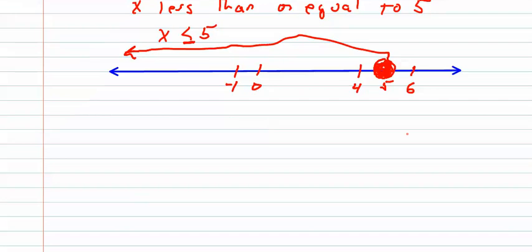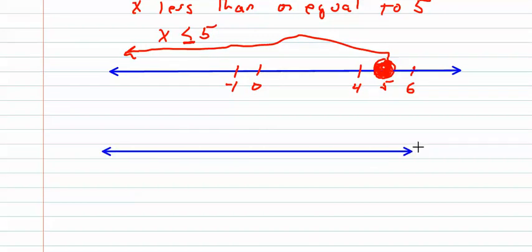If I ask you just to graph a point on the number line, let's say we wanted to graph the point x equals 3, negative 1, 0, 1, 2, 3, and 4, x equals 3 would just be a filled in circle. So it makes sense, x is less than or equal to 5, that we'd fill in the circle and then we'd show the direction we're going.